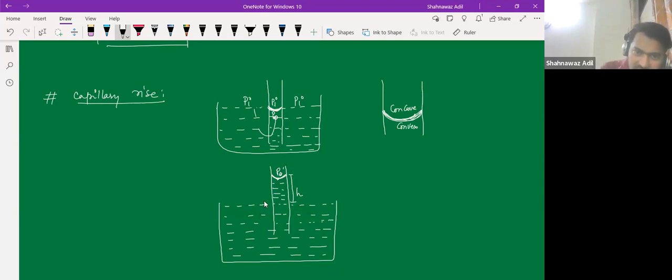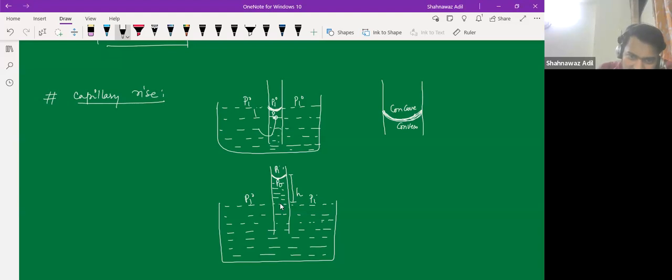So this is a Po, and let me write it. So this is Pi, this point is Po, and this is again Pi, because all these are at atmospheric pressure, right? This is in contact with air, so all these are atmospheric pressure.